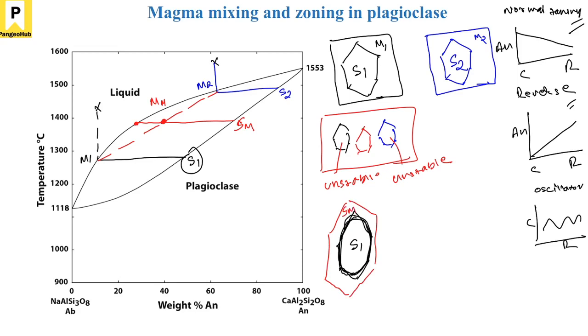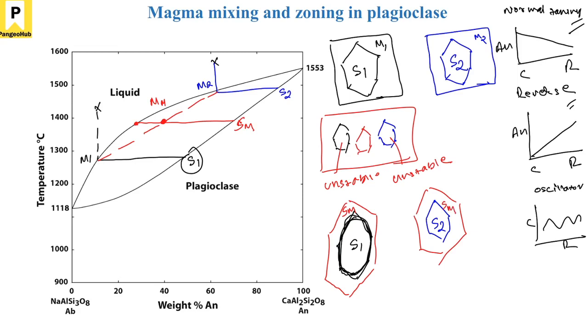S2, however, is at a higher temperature, so this magma MM cannot corrode S2. So S2 will stay like that, and there will be growth of SM above it, just like this.